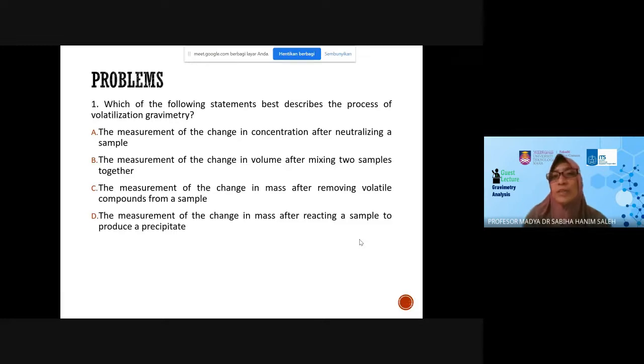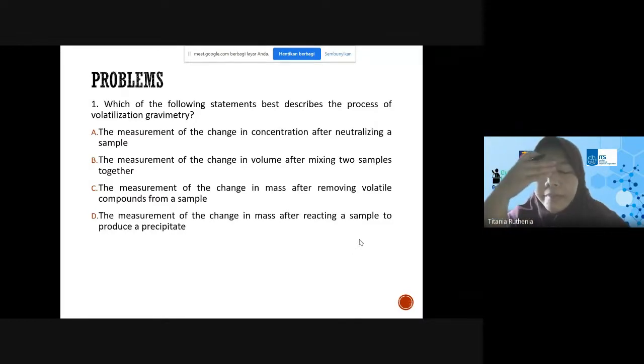Actually one more thing, in our syllabus we don't have lyophobic. What is the difference between lyophilic and lyophobic? Oh, this is only a term.